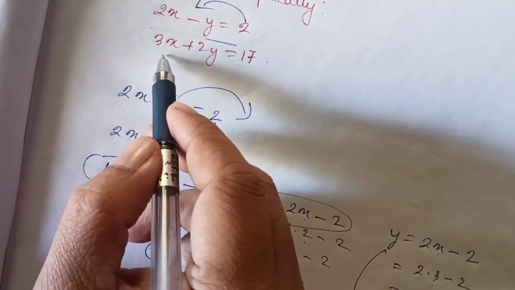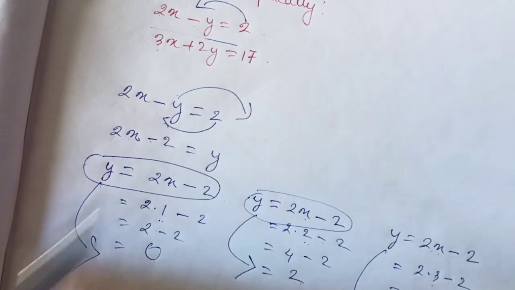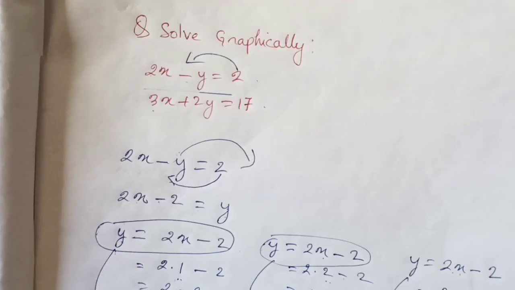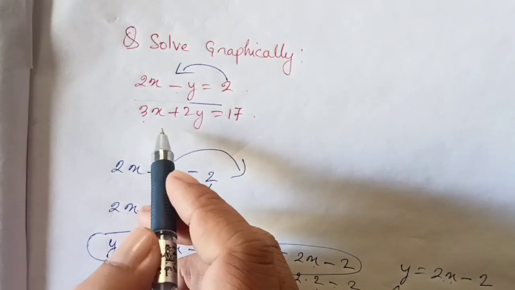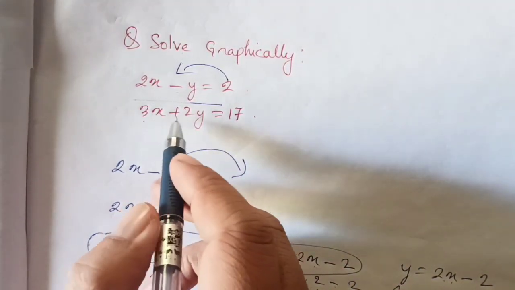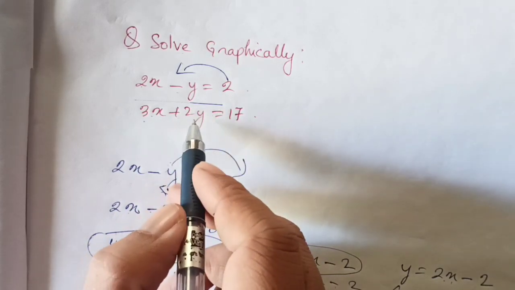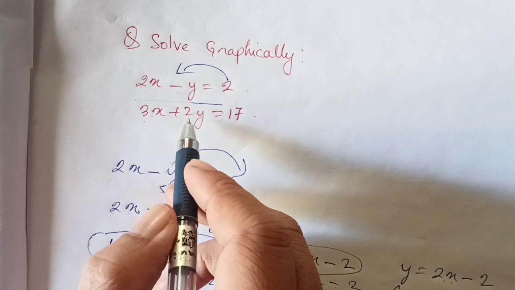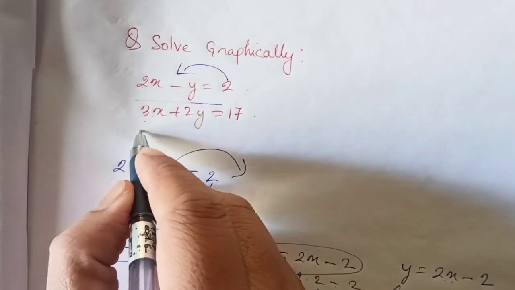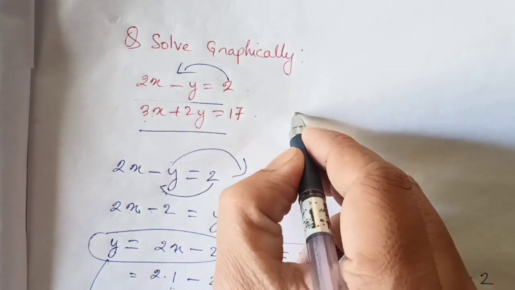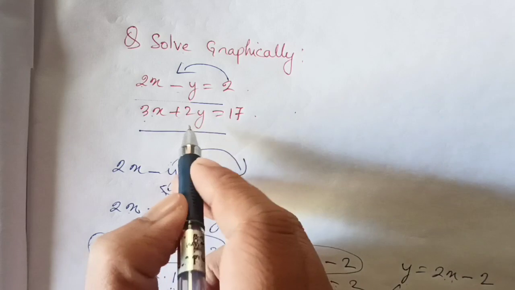Now let us find the tabulation values for the second equation, 3x plus 2y equal to 17. Here y is together with an even number, that is why we should keep this term alone. Let us rewrite the equation here.